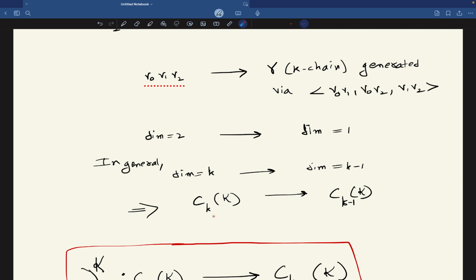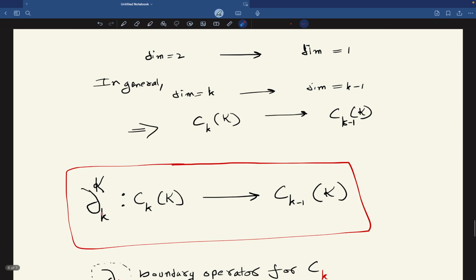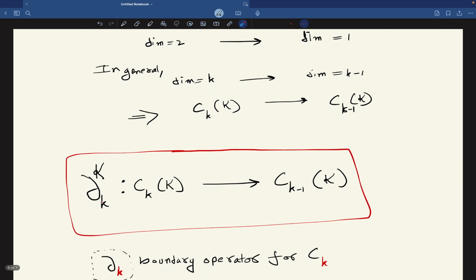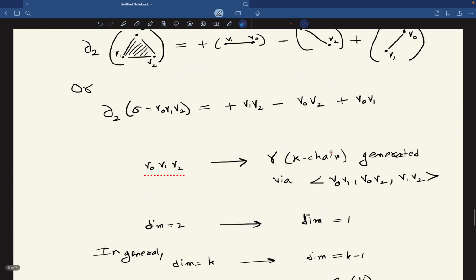So this del or boundary operator, which is meant for the vector space of k dimension, when we apply it, it reduces the dimension by 1, and we get the vectors of the lower vector space, right? This k-chain belonged to C2, and we went from C2 to C1.